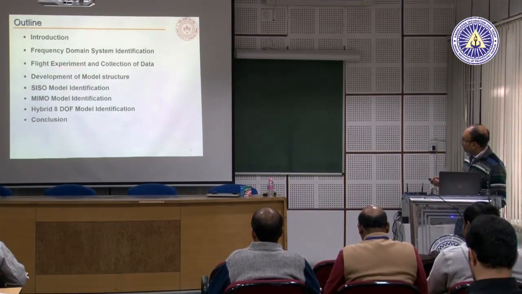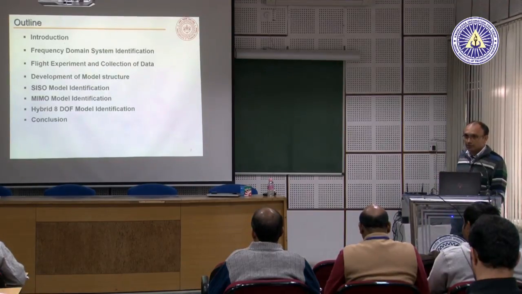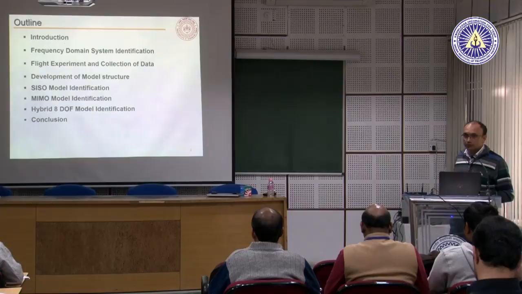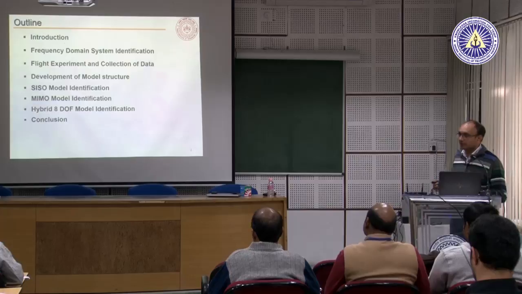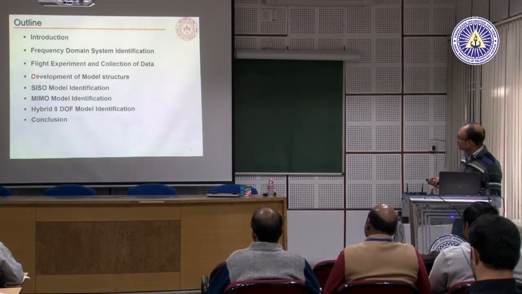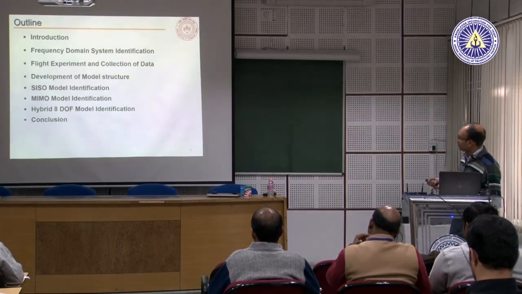Then we will talk about how we go about conducting flight experiments and how we collect data, because system identification is an approach where you have to give an input to the system and collect the output data, and use it to correlate the input and output and fit a mathematical model around whatever you observe. So, this is a very important and key step: flight experiment and collection of data.